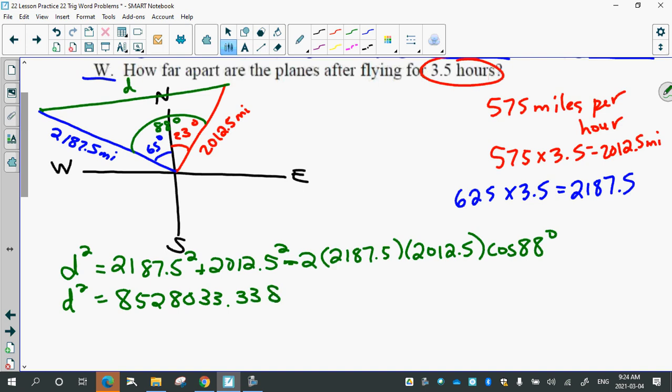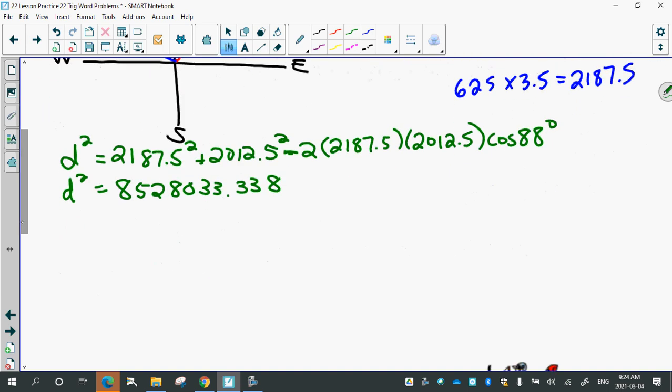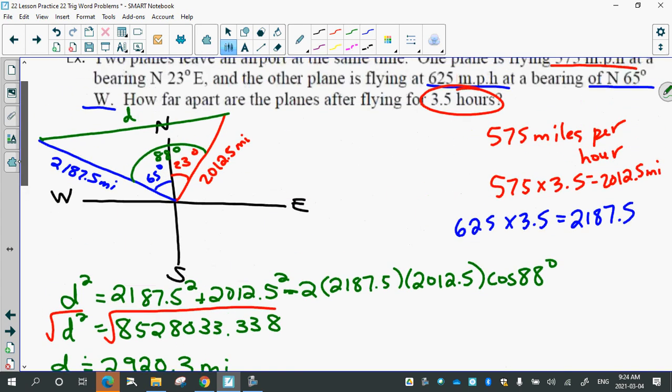8528033.338. The longer the numbers are, the easier it is to type something wrong when you're typing that in. So it's good to double check. So approximately 2,920.3 miles, and let's see if they tell you how to round it.